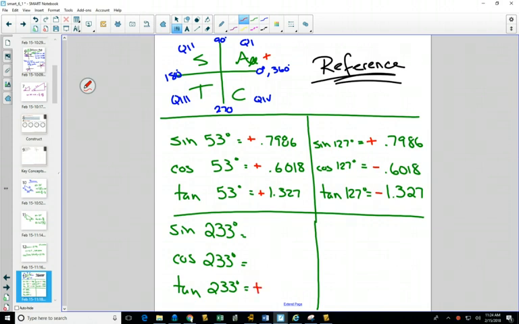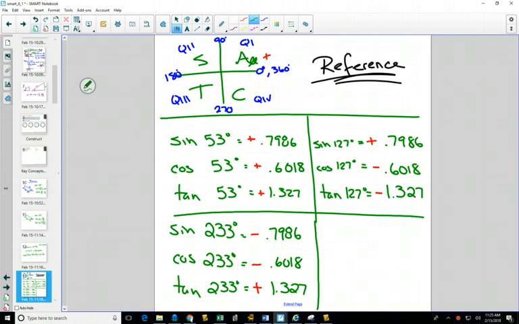Tan is the one that's going to be positive. Sine and cos are going to be negative. And when we type these ones in, sure enough, sine stayed the same. Cos stayed the same. And tan stayed the same.